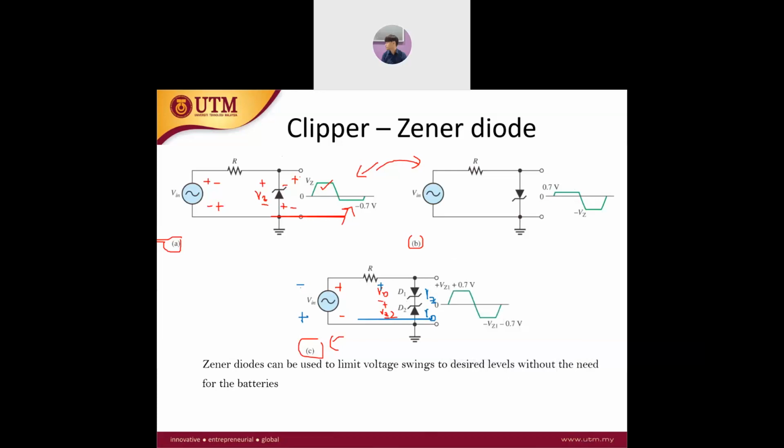So the next cycle for this negative, this one VZ will be on, and D2 will be forward bias. It will show a regular diode application, not ZENER diode. So in terms of positive negative here, you're going to have the VZ.